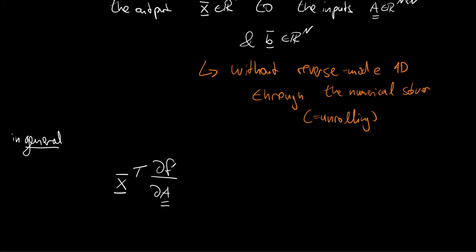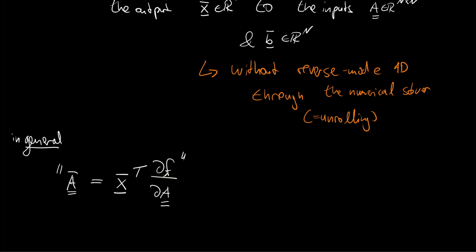Since f is a function which takes a matrix and vector and maps it to a vector, it has a vector dimensional output. So deriving a vector with respect to a matrix is a bit tricky. It gives us a rank 3 tensor. Still, if we contract over the numerator, we will only have a matrix left, but figuring out the dimensionalities here in symbolic notation is quite tricky. Either way, this will give us the cotangent information on the matrix. And I will put this here in quotation marks.